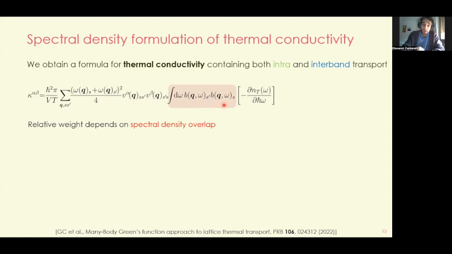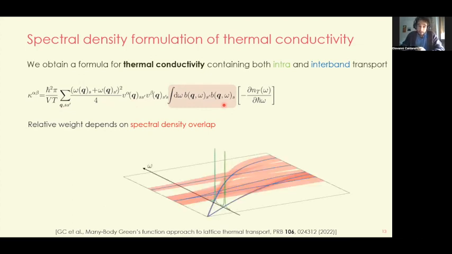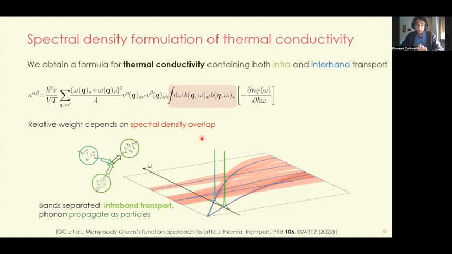In fact, if we are in a situation like in the simple crystal cases, in which we have two phonon spectral densities that are close to the harmonic case, so are two delta functions peaked at two different harmonic frequencies, you can understand that when you take S different from S prime, you will have an integral of two delta functions with no overlap, and so you will have zero contribution from the interband part. And so this explains why in simple crystals you don't need to describe interband transport, and the Boltzmann theory works so well, because in this situation phonons only propagate as particles, and so only intraband transport is important.